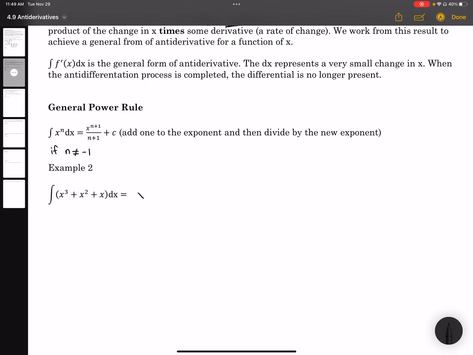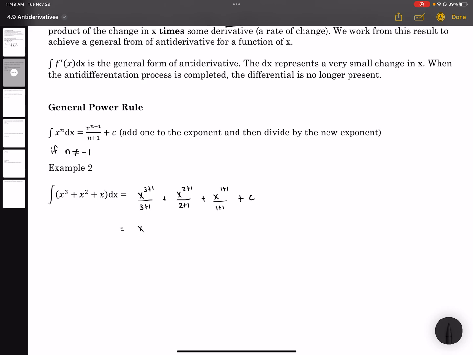So this is going to equal x to the 3 plus 1 divided by 3 plus 1, plus x to the 2 plus 1 divided by 2 plus 1, plus x to the 1 plus 1 divided by 1 plus 1, plus some arbitrary constant.